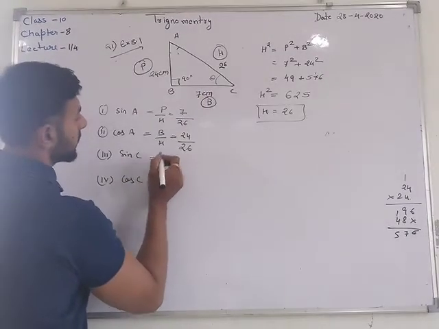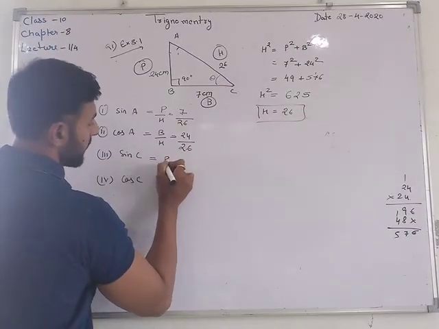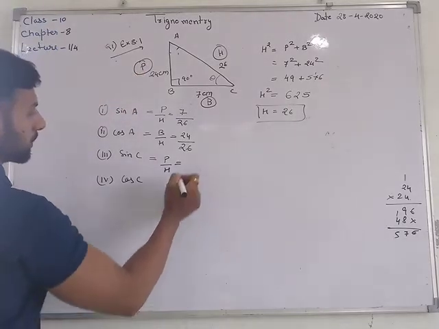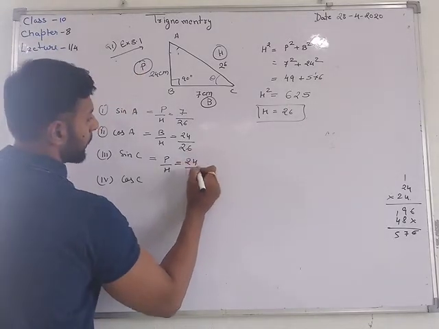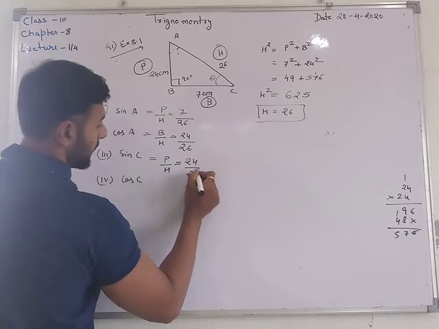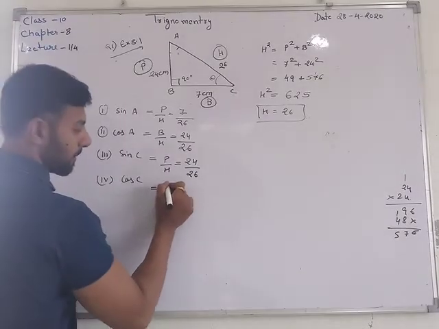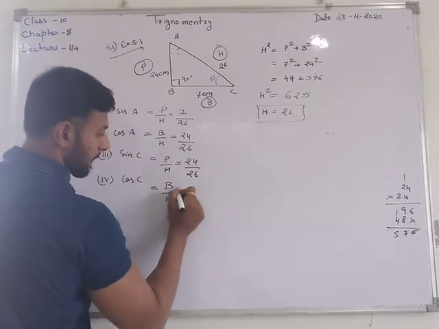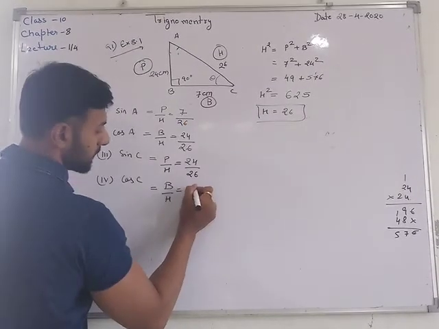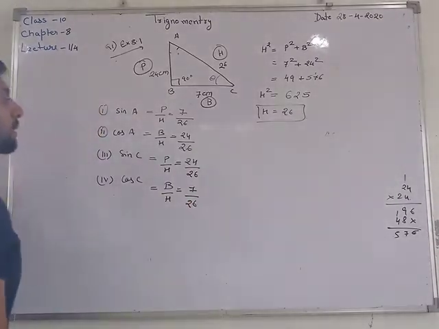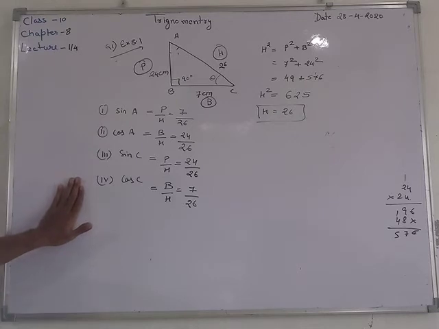So sin C is perpendicular upon hypotenuse. Perpendicular is 24 upon hypotenuse is 25. Cos C is base upon hypotenuse. Base is 7 and hypotenuse is 25. So we got all the required ratios which are asked in the question. Now let us move to the next question.